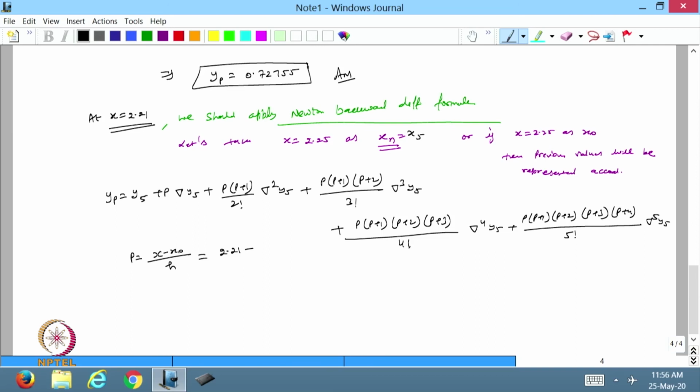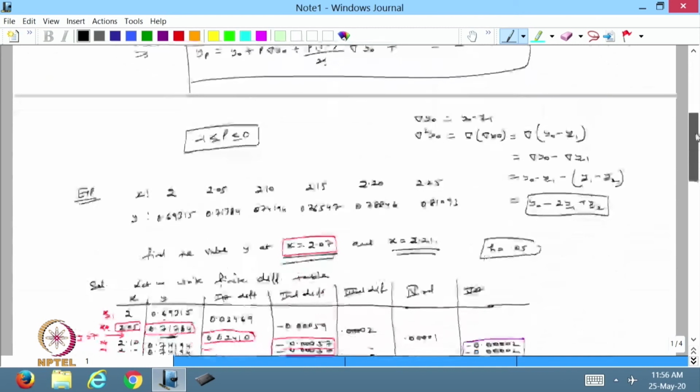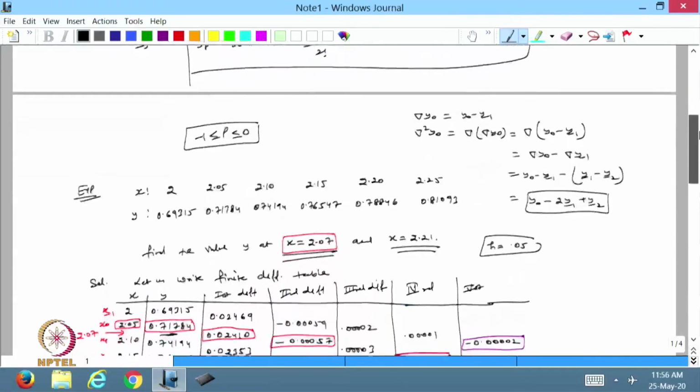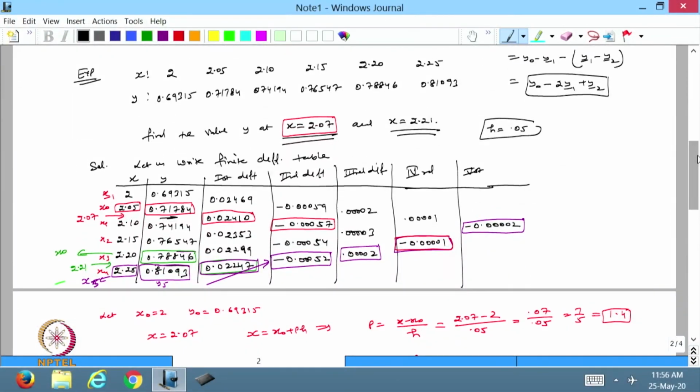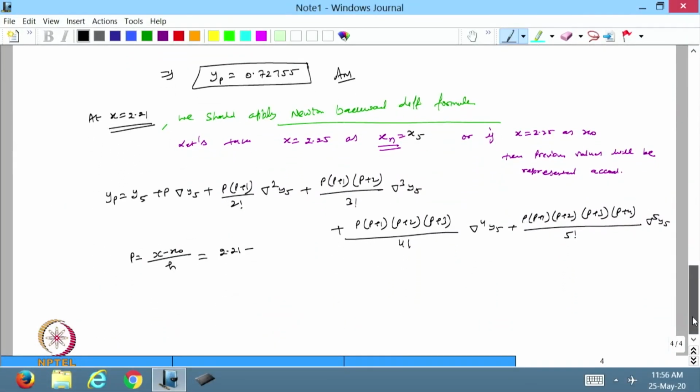So, x naught is basically the last value I have chosen, because we have represented this one. I told you that this can be x naught also. So, x naught is same as x n, the last value. So, this will be 2.25.